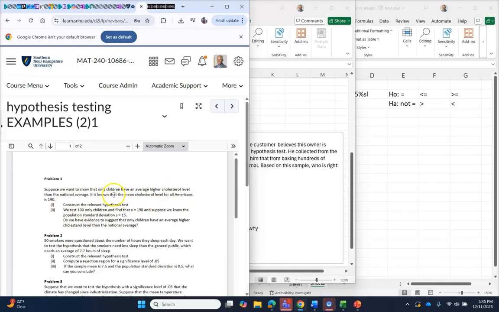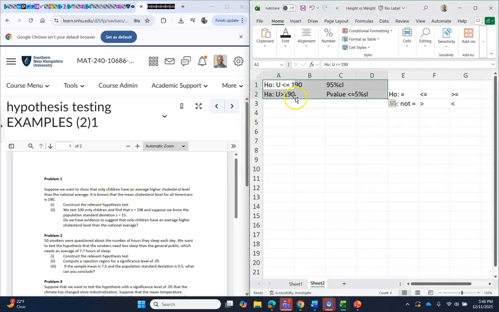So after we have created the null and alternative hypothesis as we did here, now the next thing is to do some calculations, and so we need to test with this sample, the 100 sample of children who were tested. So I'm going to organize this information here.